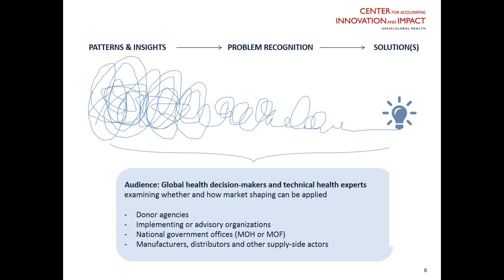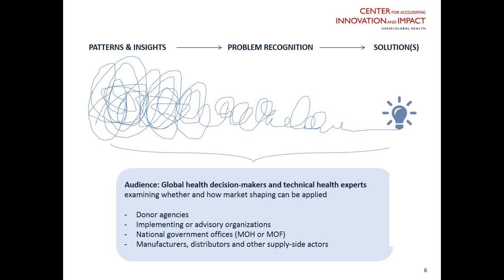The audience for this is global health decision makers and technical health experts like yourselves and others in different health sectors who are looking at whether or not market shaping applies to the specific product markets that they're concerned with. These health experts can sit in donor agencies like USAID, the government of Norway or DFID, who've all provided input on this primer.